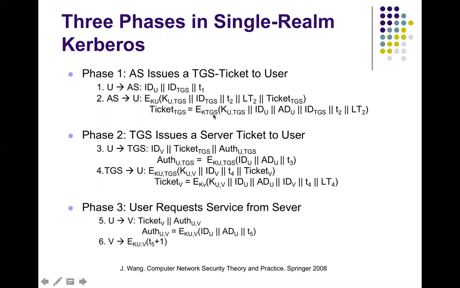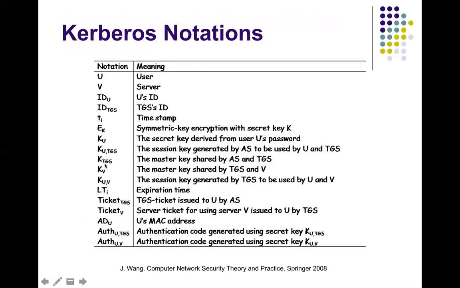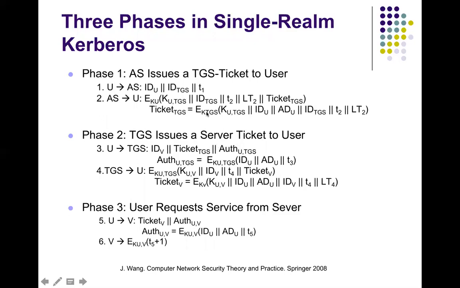This K should be K sub TGS, okay? This is the key we have here, K sub TGS. This is the master key shared by AS and TGS, so TGS should be a subscript of K. So now it sends this key, this whole ticket.